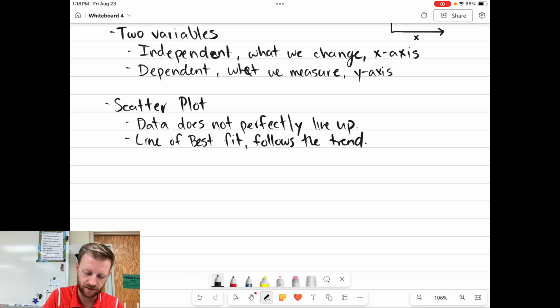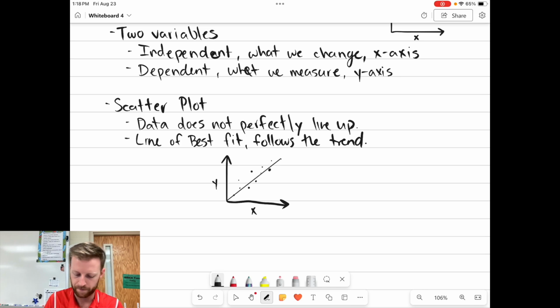Let's quickly get an example of our scatter plot here. So here's that graph, x and y axes, right? There's our x, there's our y. The graph might have a lot of dots that look like this. Notice they're generally going up and to the right. And so I might create a line that is doing that. And so we have a general trend, but it doesn't connect the dots. That's the thing we're avoiding. We are avoiding connecting dots, which is something we're very tempted to do.